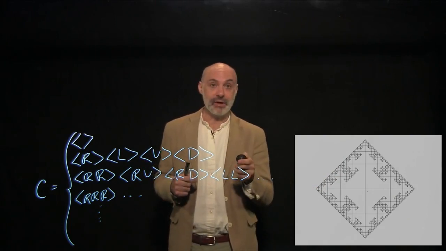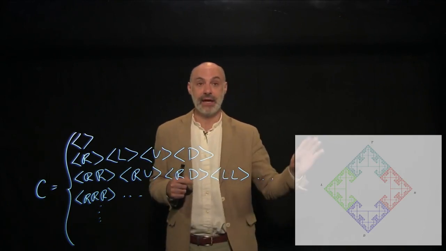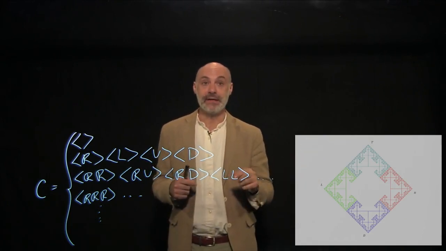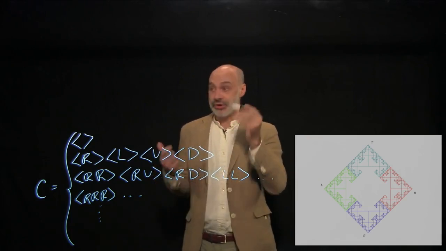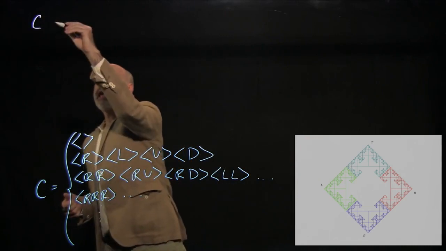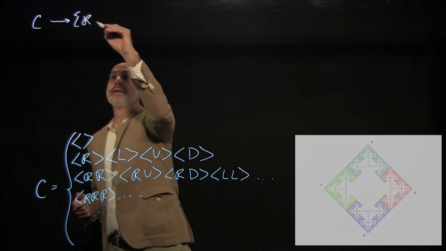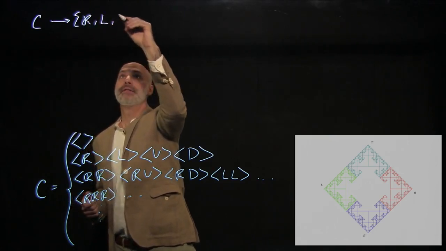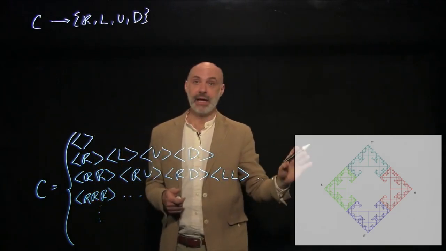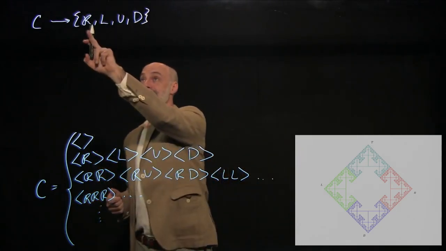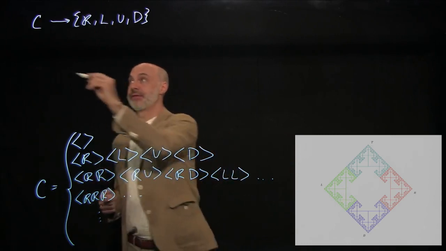Remember what the next thing we did was. We divided the graph, ignoring the center, into quadrants. So one way to think about that is that we took the graph and we decomposed it into right, left, up, down, again ignoring the center, where each of these is a subset of these paths.